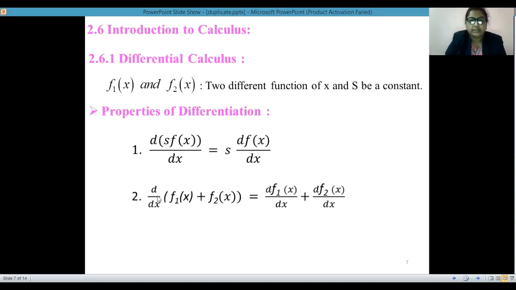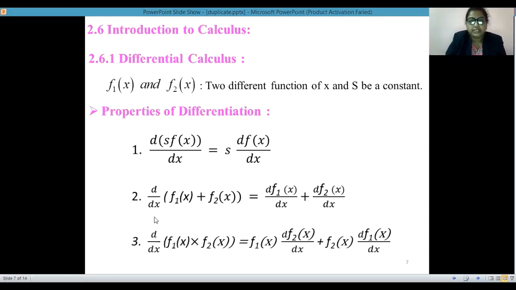Next one is d/dx of f1(x) plus f2(x) is equal to d/dx of f1(x) plus d/dx of f2(x). Then the third one is d/dx of f1(x) into f2(x) is equal to f1(x) into d/dx of f2(x) plus f2(x) d/dx of f1(x).